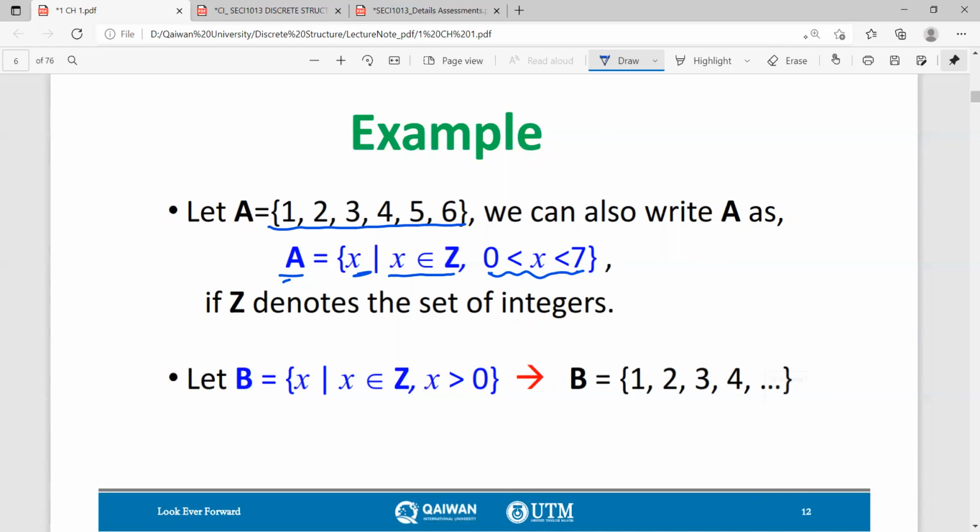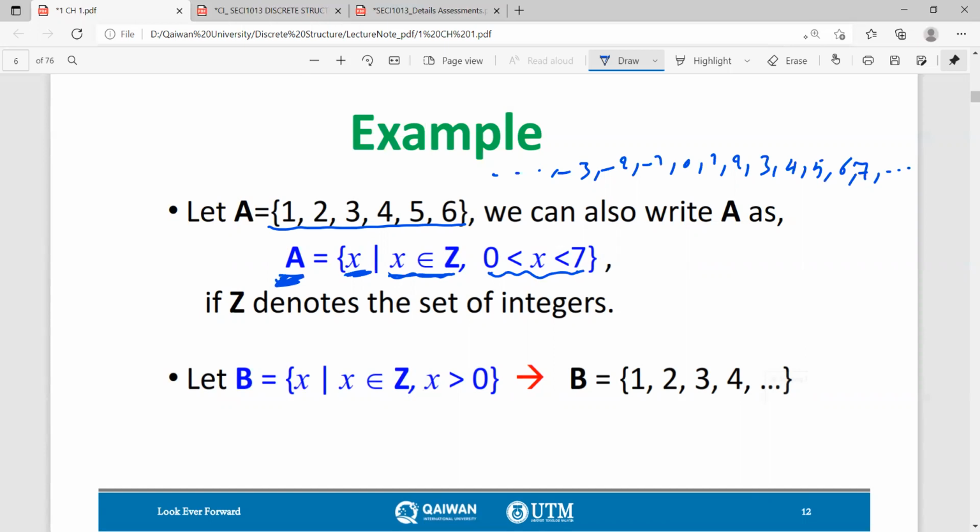What are the integer numbers? The integer numbers, I'm going to write down here: -3, -2, -1, 0, 1, 2, 3, 4, 5, 6, 7, and so on. Okay? We say A is the set of all those elements which are in Z. But the element must be between 0 and 7.